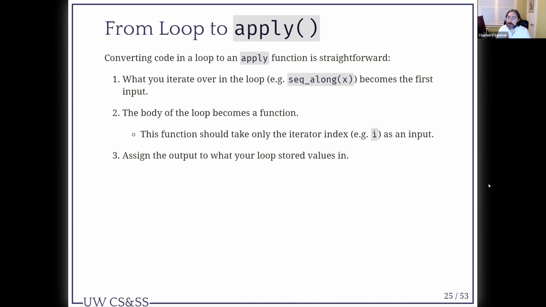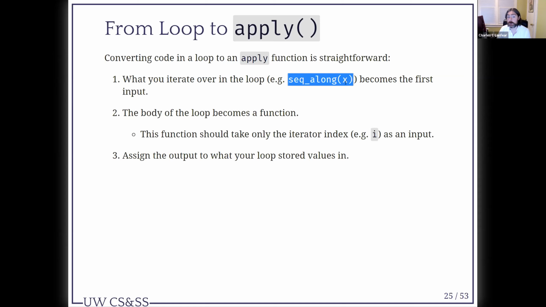So you can convert almost any loop you have ever written into an apply function using a relatively straightforward process. Whatever you iterate over in the loop: when you write a loop like for i in seq_along(x), just discard the i and the in, and give whatever you're iterating over, like seq_along(x), as the first input to lapply.